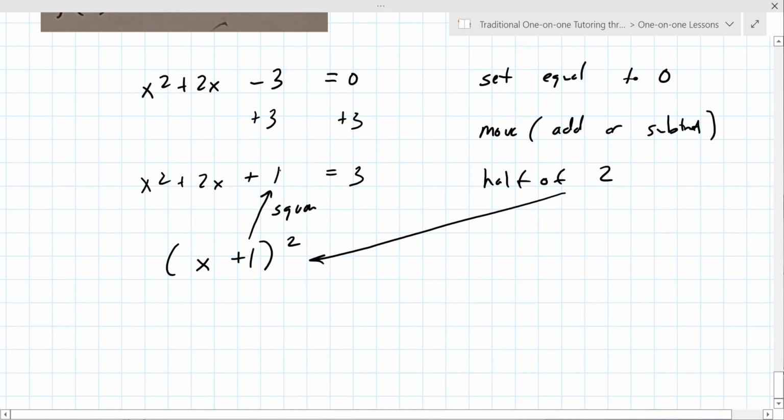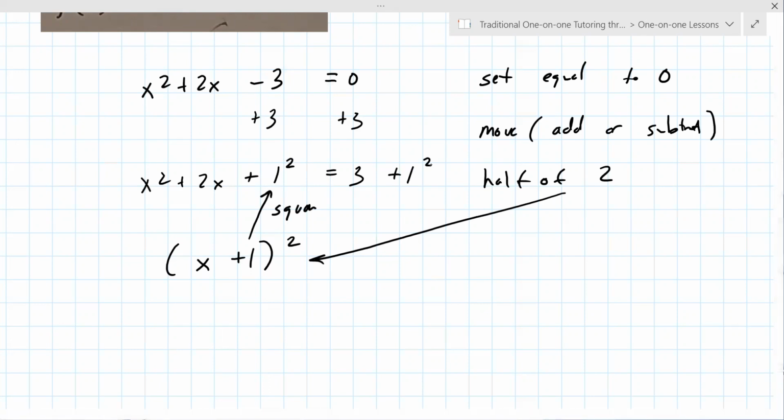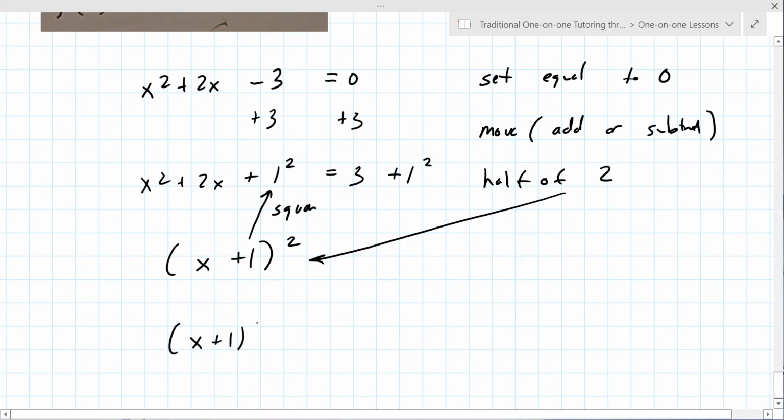So it's like 1 squared, but you have to do it to both sides. There's a lot of steps. You add to the other side too. On the right side, you add the numbers together.